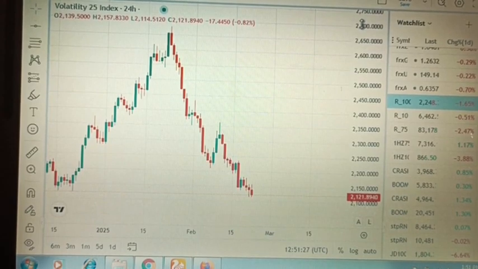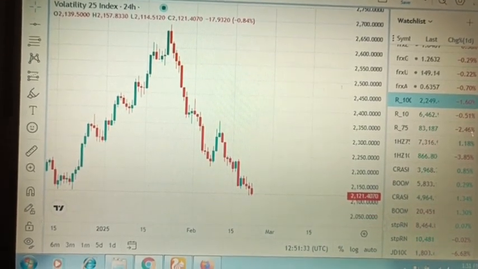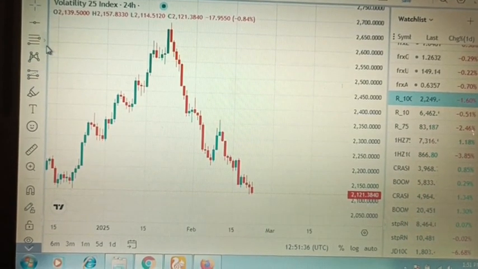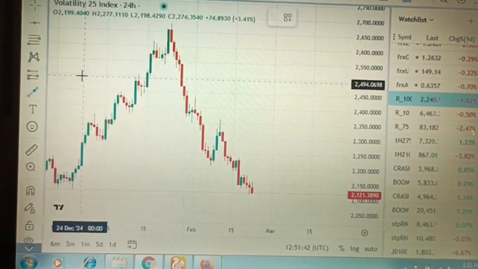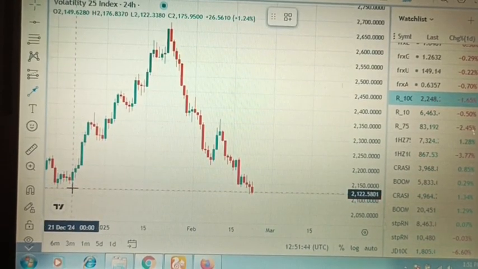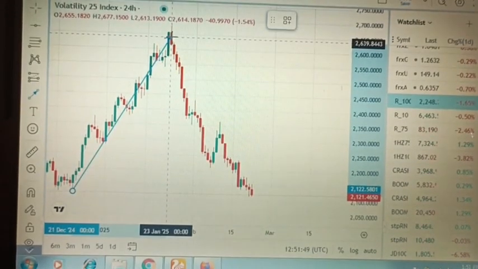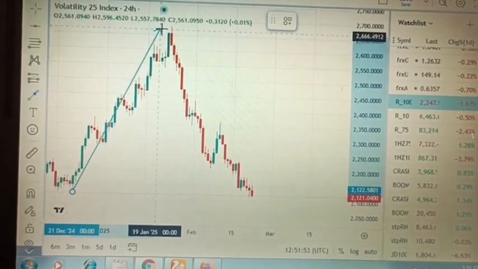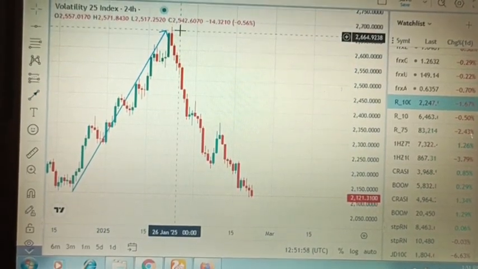You can see that this price at the first place was moving in a straight direction. Look at it. This price will move from point A here up here. Why did it stop? Why did it reach here and suddenly stop?